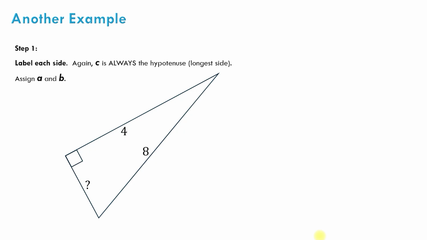Here's another example. Now this triangle has been rotated around a little bit, but we can still easily find the hypotenuse simply by looking directly across from the right angle. So we look for the right angle, and the side that's directly across from it is the hypotenuse. Let's label that C, and we can choose the letters A and B to represent the other sides.